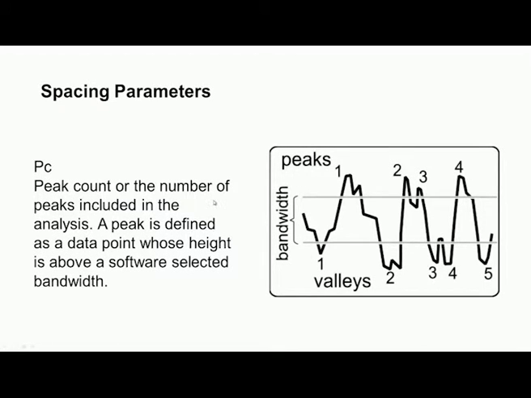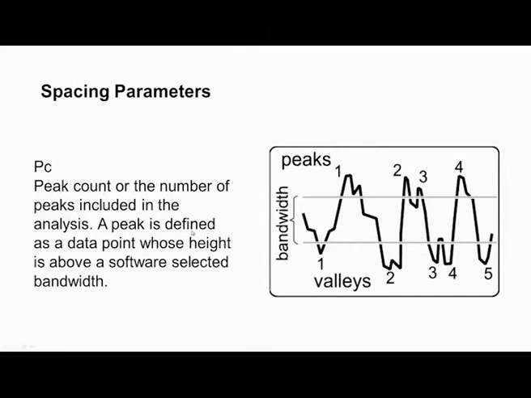Now, moving to the spacing parameters, we have this parameter PC. We have this profile wherein we have peaks 1, 2, 3, 4 etc., and valleys 1, 2, 3, 4, 5 etc. So, this PC is nothing but peak count, or number of peaks included in the analysis of the profile.